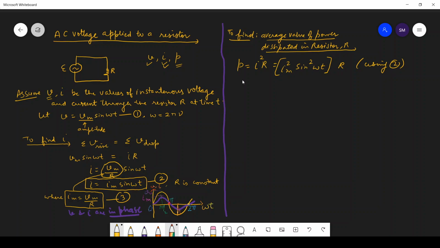What I need to find here is the average value over a cycle. This is one cycle, starts from here and ends over here. How much is the average value of power dissipated?